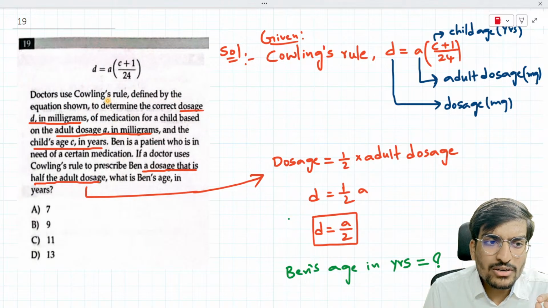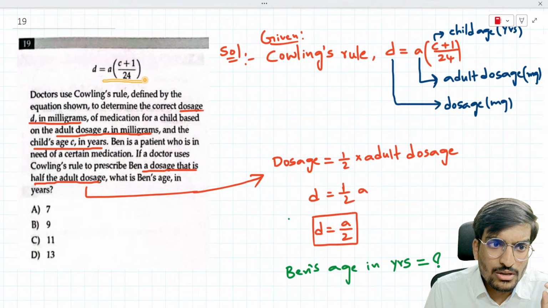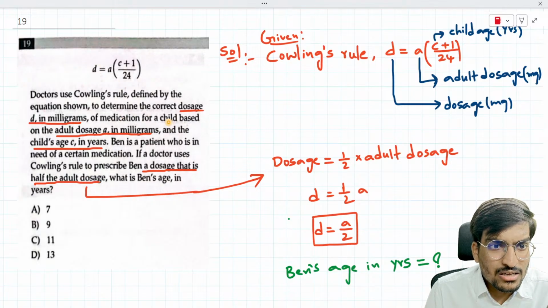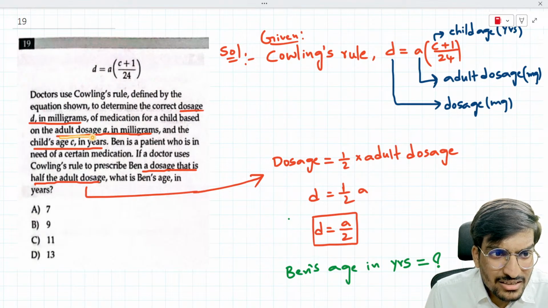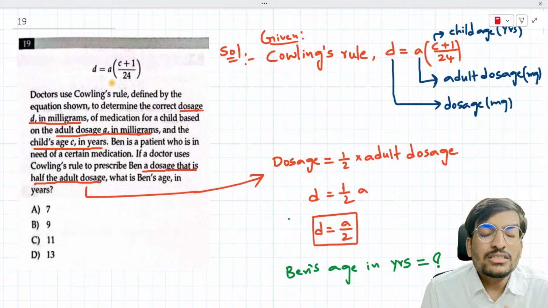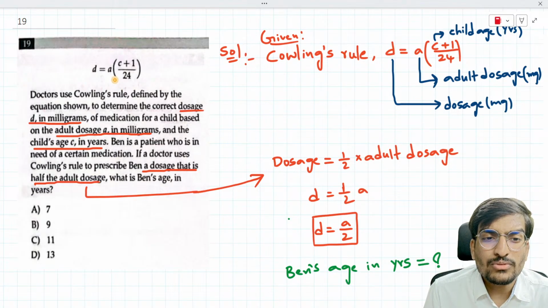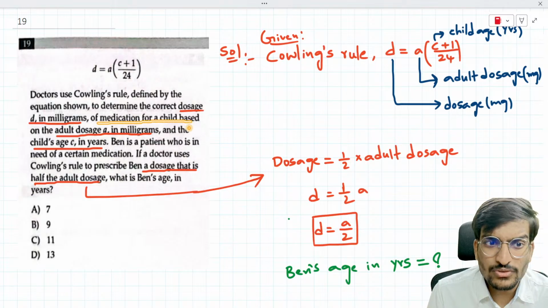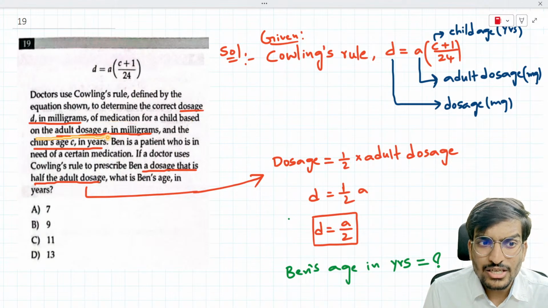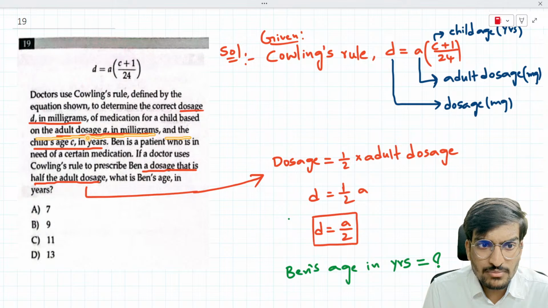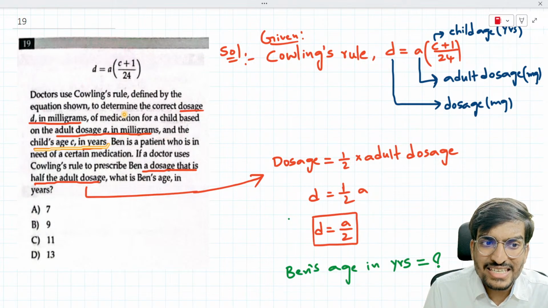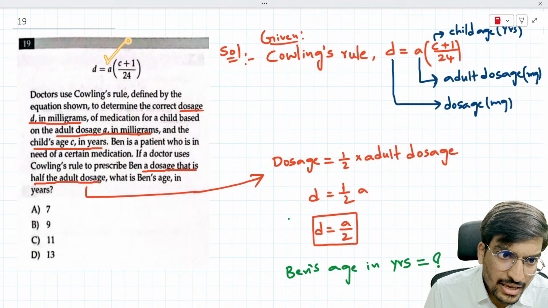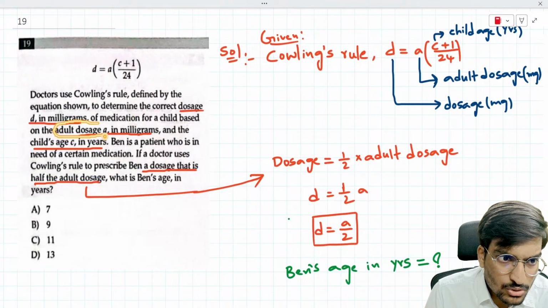So the doctor is using this rule to determine how much dosage to use for a certain medication. The adult dosage, also in milligrams, is A, and the child's age C in years. This is C, which is the age of the child, A, which is the adult dosage.